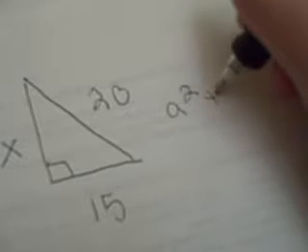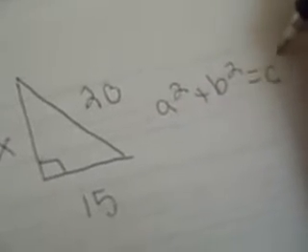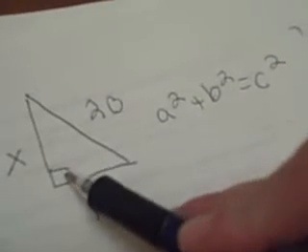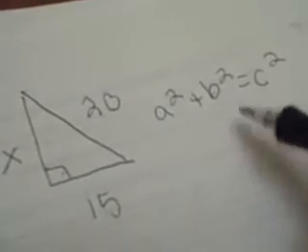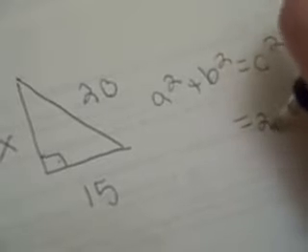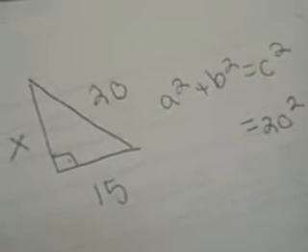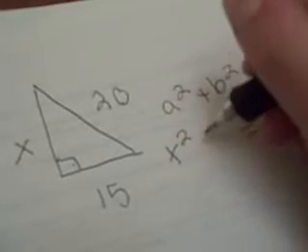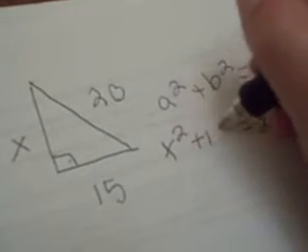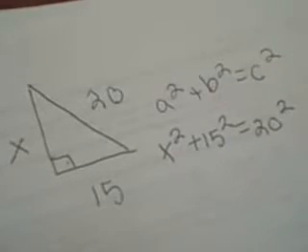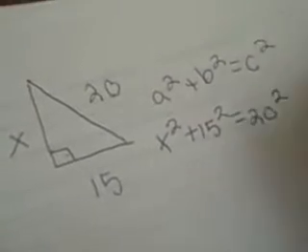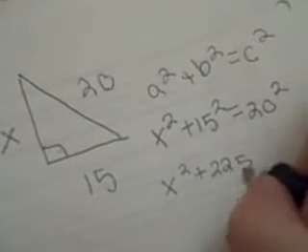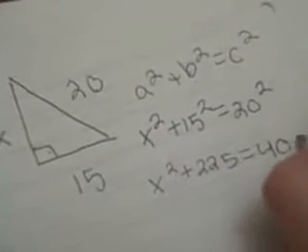We have a squared plus b squared is equal to c squared. This time 20 is across from our right angle, which means 20 is getting plugged in for c. On the other side, we can have x squared plus 15 squared. This gives us x squared plus 225 is equal to 400.